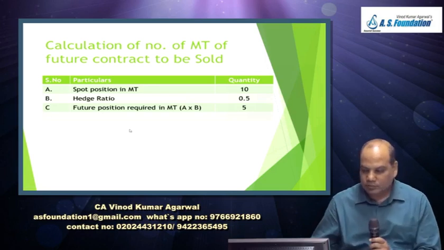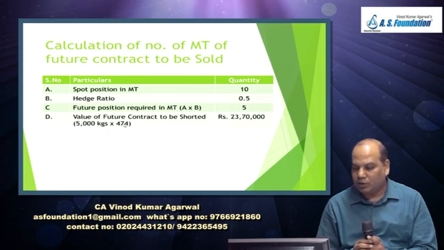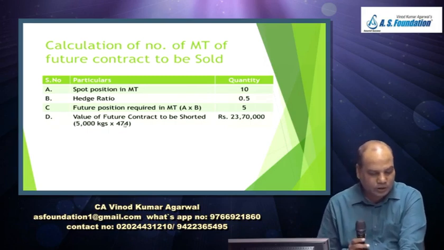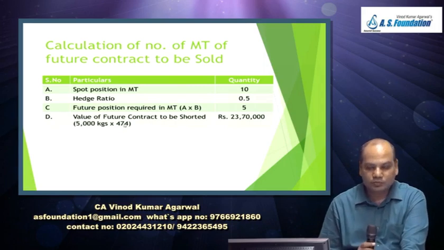And now one more line, write down, value of future contract to be shorted. So we have answered in both quantity and value. The institute may ask for quantity or the institute may ask for value. Give them both. When you are in doubt, be Hanuman. Give everything.